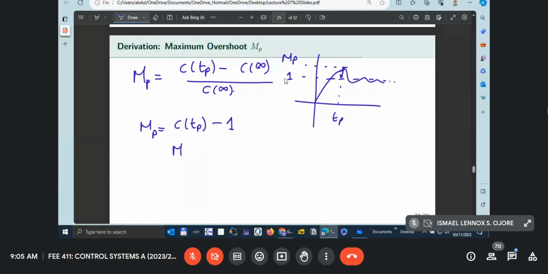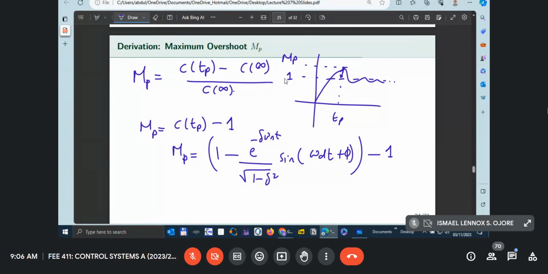So we can get our maximum overshoot as the time response at Tp minus 1. And this is the same as, if we go to our famous time response equation, C(t) = 1 minus e to the power minus delta omega n t over square root of 1 minus delta squared, times sine(omega d t plus phi), minus 1, and we have our t as Tp.